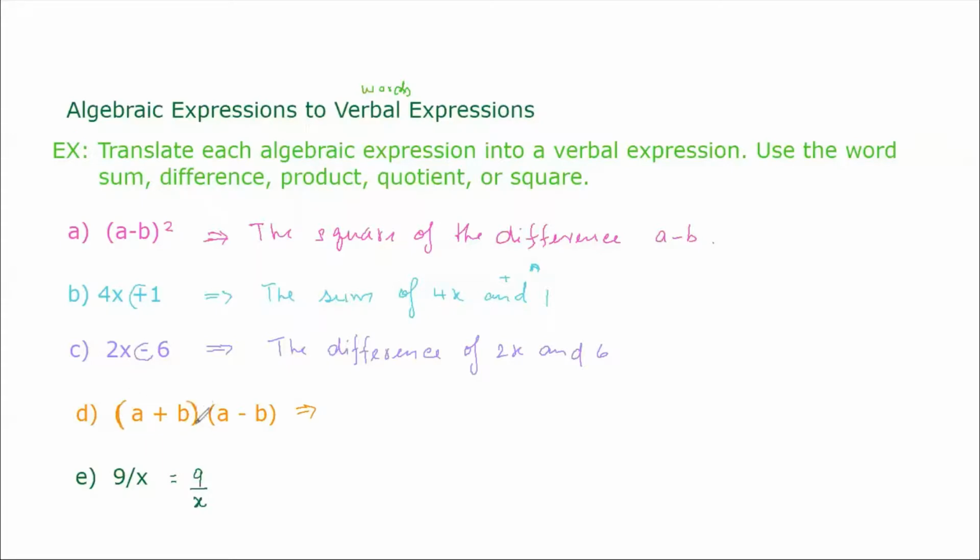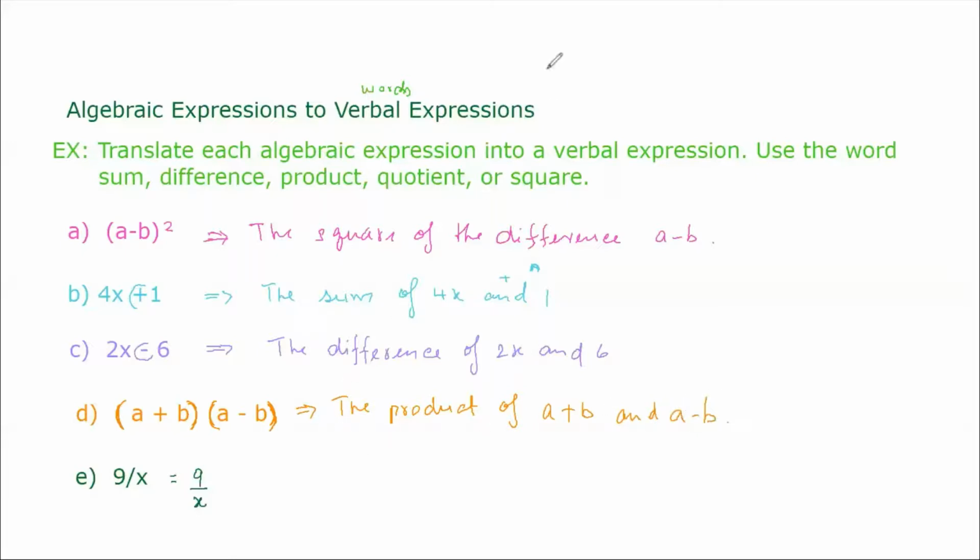The bracket means multiplication, or sometimes we call it times. So we can write down the product of a plus b and a minus b.